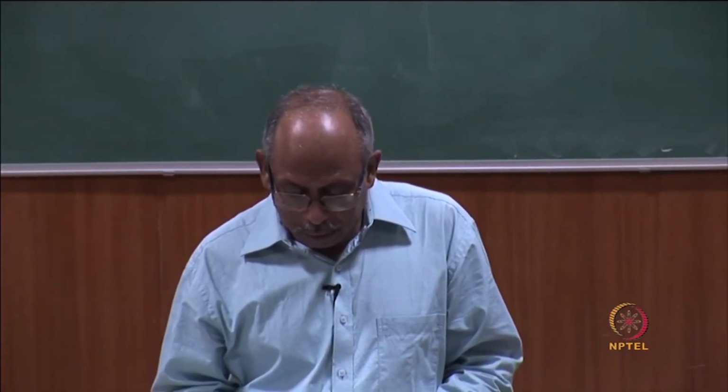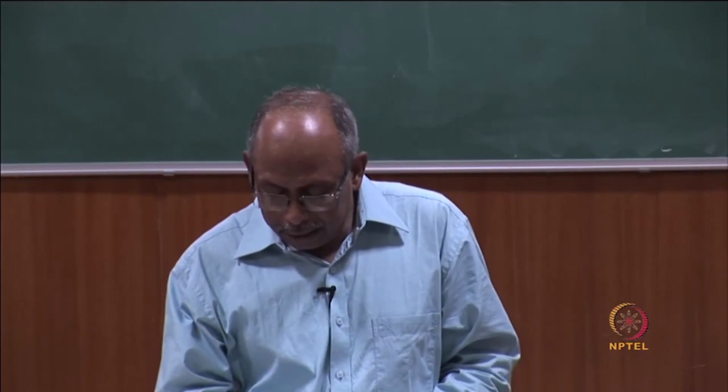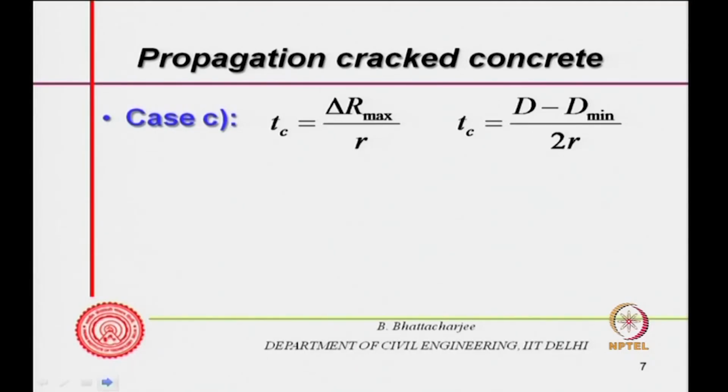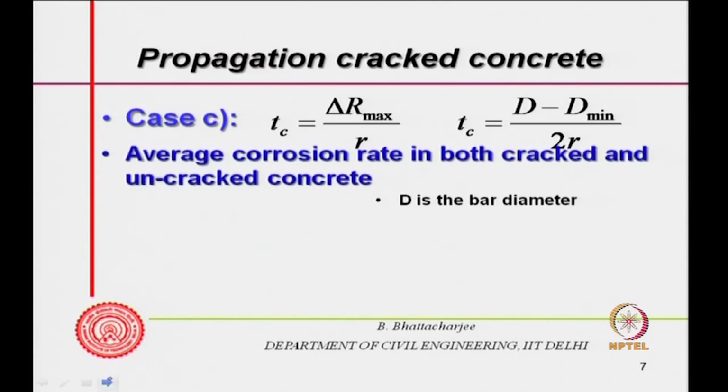So, case C, the last one, the cracking of cover concrete, is given as (d minus d mean) divided by 2r, where Tc is d over r max, as we have seen earlier. Now, d is the bar diameter and r is the average corrosion rate for both cracked and uncracked concrete. So, this is for uncracked concrete, this is for cracked concrete, (d minus d minimum) divided by 2r, where r is the average corrosion rate for both cracked and uncracked concrete.